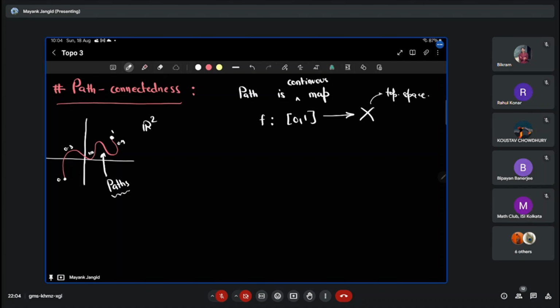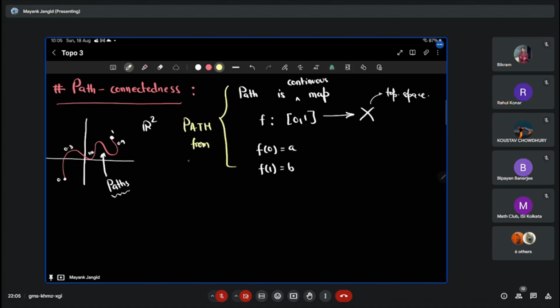We say that f(0) is some point a, and f(1) is b. Then we say that this is a path from a to b.